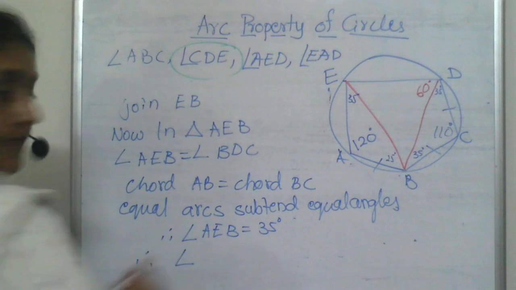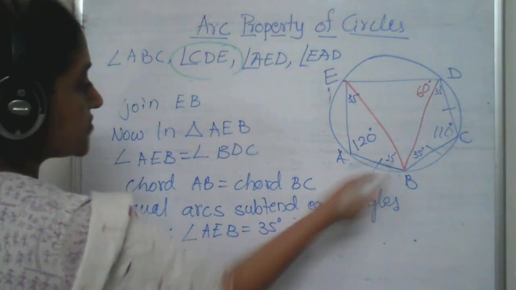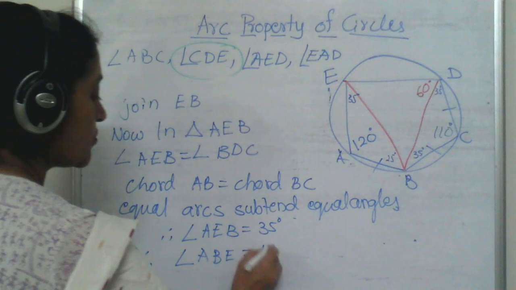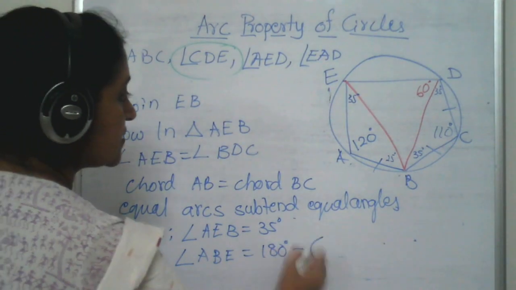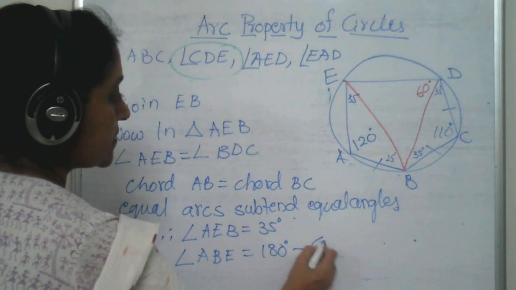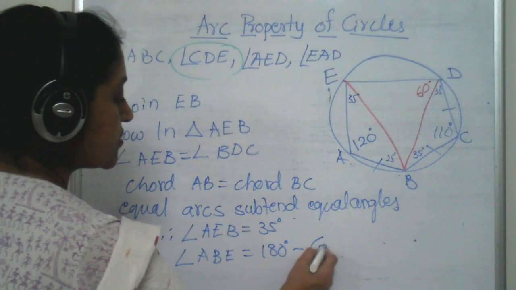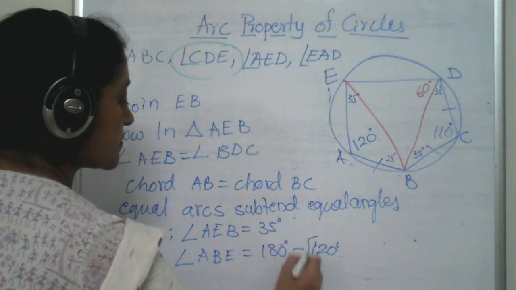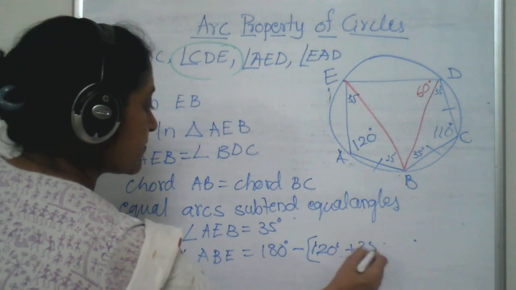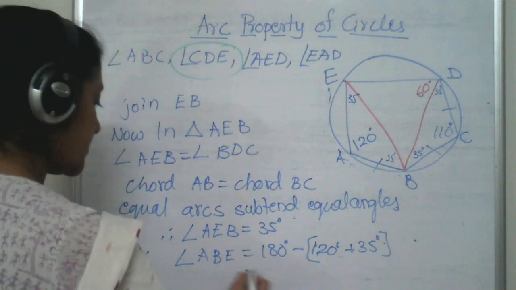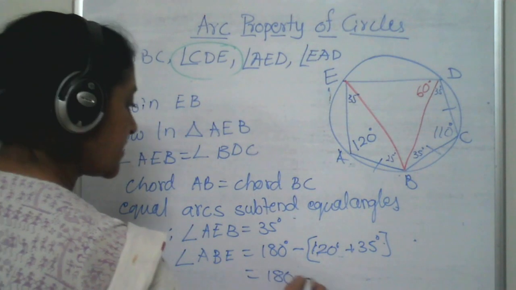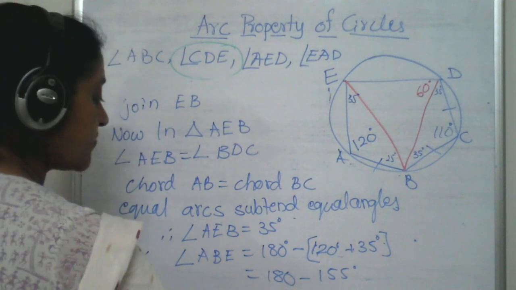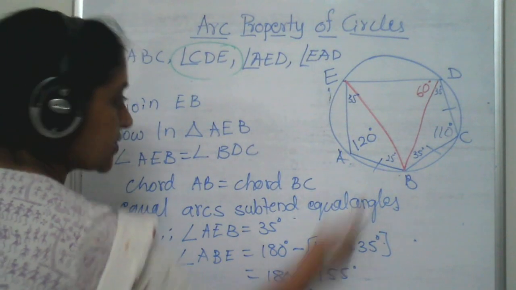Therefore now angle ABE is equal to 180 minus, now this angle, 180 minus 120 plus 35, so it will be 180 minus 155, so that will give you 25 degrees, this part.